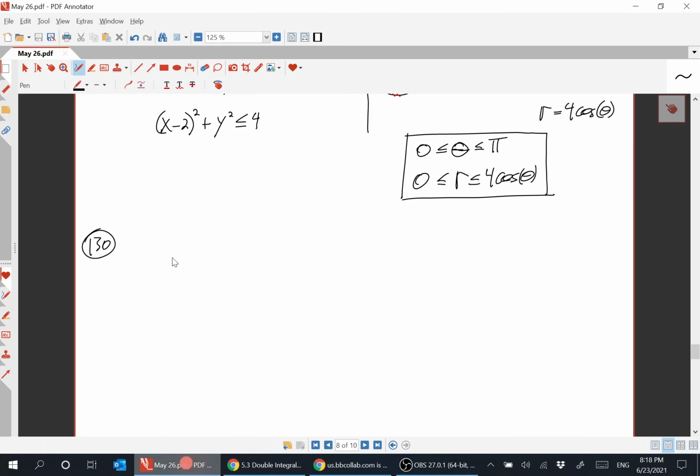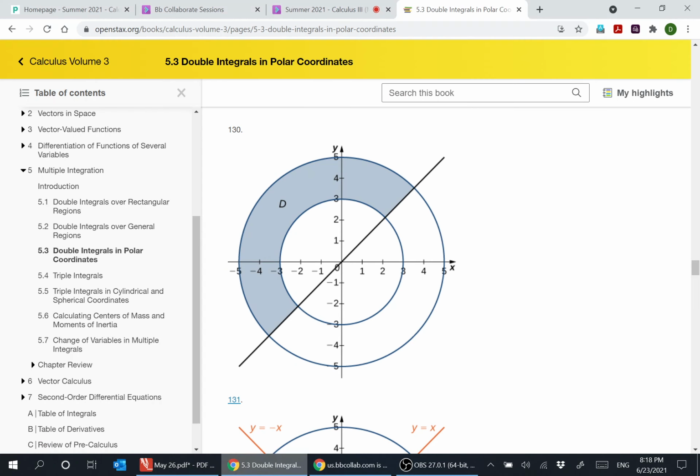Right, so this is pi over 4 less than or equal to theta less than or equal to 5 pi over 4, and r is between 3 and 5. That's that polar rectangle. Theta just goes from this line to that line, which is a slope of 1. Slope of 1 is angle pi over 4, 45 degrees.